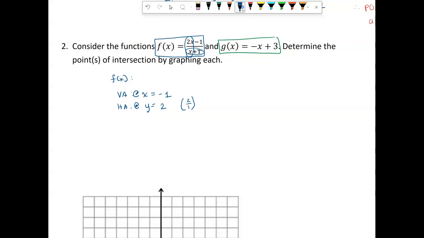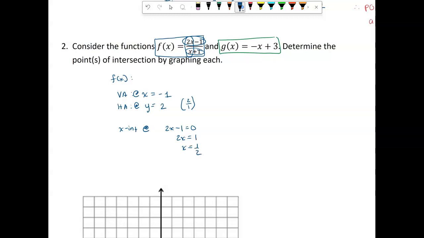Okay, what other things we need to find from this equation that will help us graph it accurately is the x-intercept, right? And the x-intercepts happen at the numerator of the rational function. So that happens at 2x minus 1, so when that equals 0, 2x is equal to 1, so x equals 1/2.